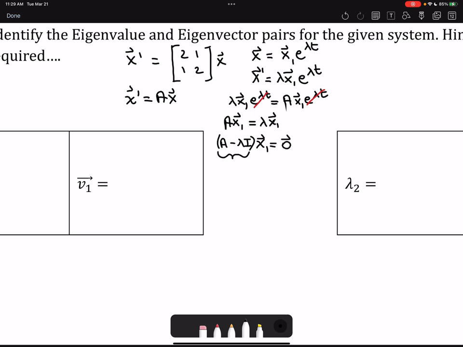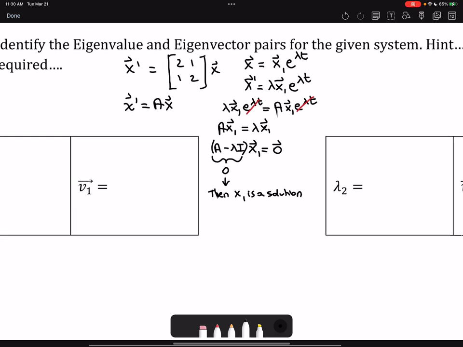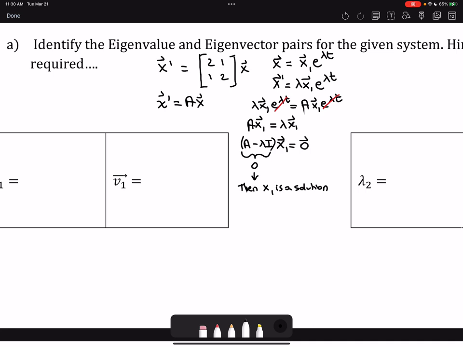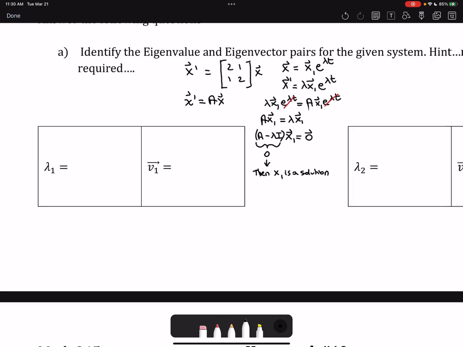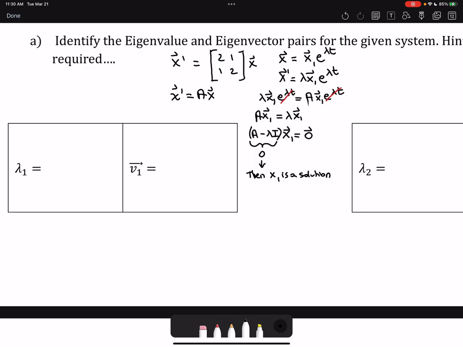But if this determinant is 0, then x is a solution, the x1 that we guessed. And if that is a solution, then what would be the coefficient in front of the t? That would be the lambda, and that would be the eigenvalue.